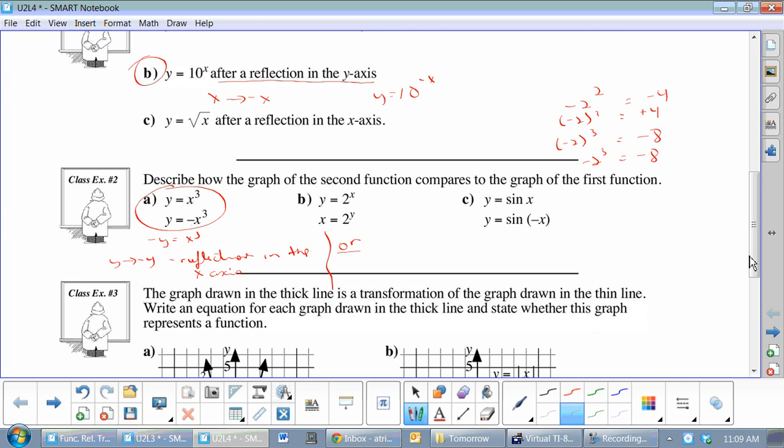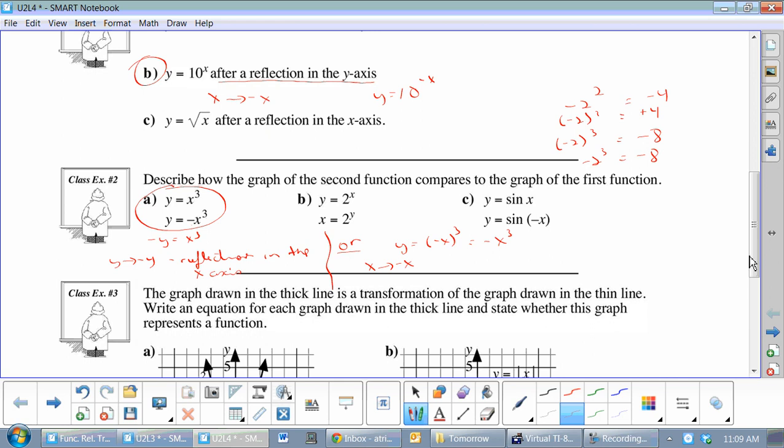So, the or for that one, it could have been y equals negative x cubed at one time, right? Which is the same thing as negative x cubed, right? So this could be an x replaced with negative x.